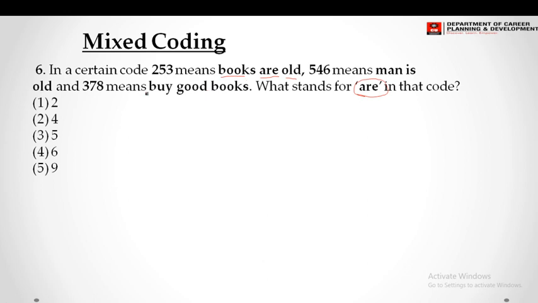The second is man is old. So old is common. The only number common in these two is 5, because 2, 5, 3 and 5, 4, 6. So 5 is equal to old. The code of old is 5.